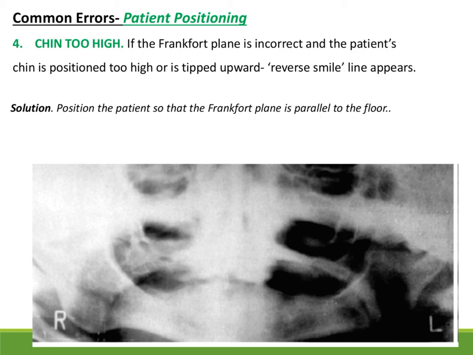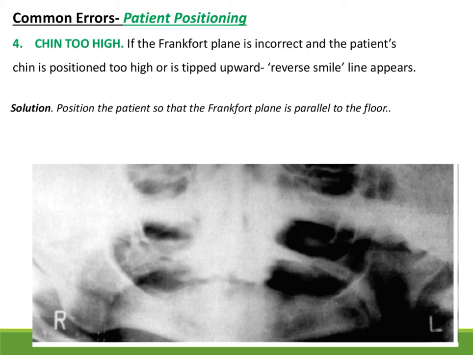So, you get a reverse smile line. What is a reverse smile line? This area, which is marked by the red color here, is called a reverse smile line. How to correct it? You have to position the patient so that the Frankfort's plane is parallel to the floor.